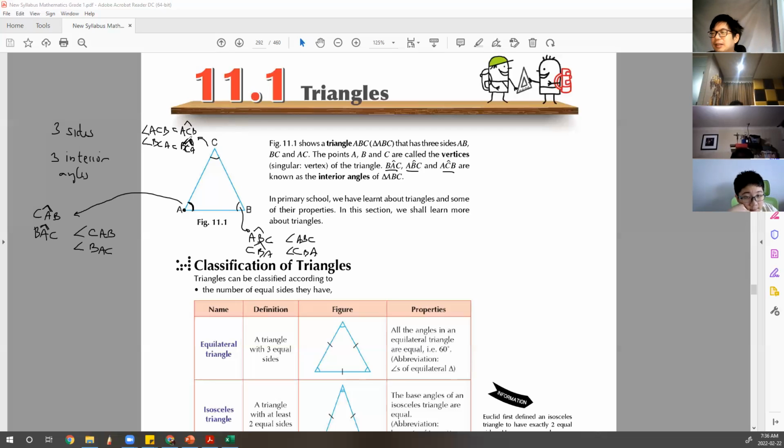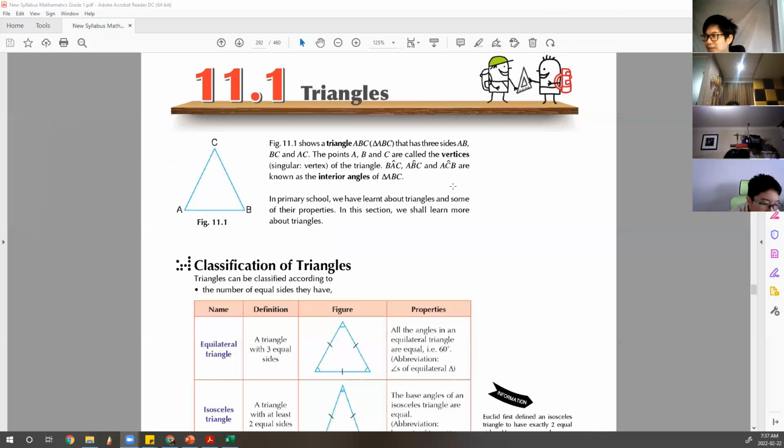Make it sharp. But my advice is that you use this rule, this kind of writing. That's the basic of writing down the angle properties, you symbolize the angle.